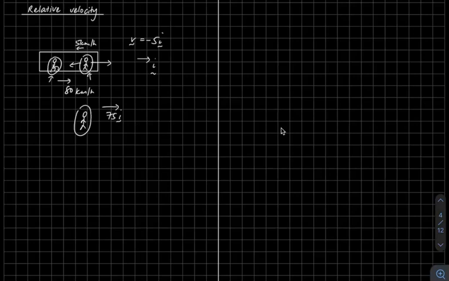So for example, the train traveling at 80 kilometers an hour, that is an actual velocity. Whereas the person traveling at 5 kilometers an hour, we could say that's not an actual velocity, because they're actually moving at 75 kilometers an hour in the opposite direction to the way they're walking.